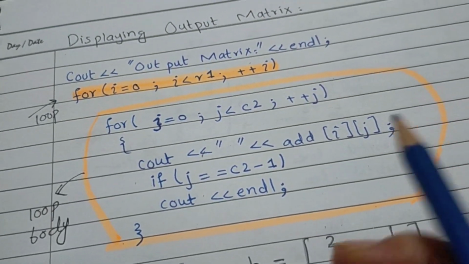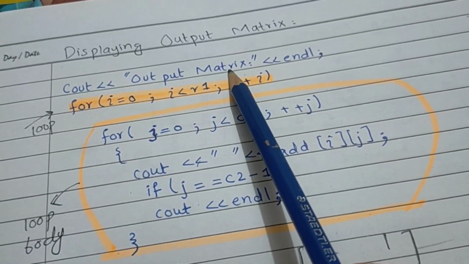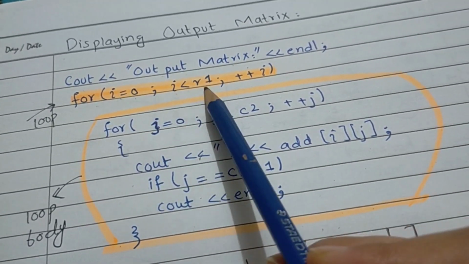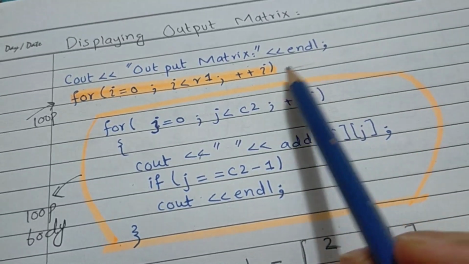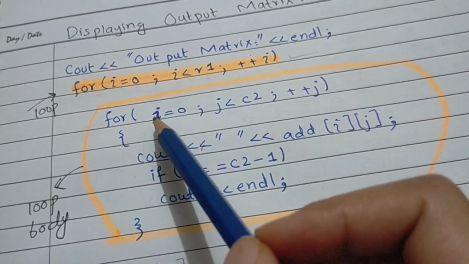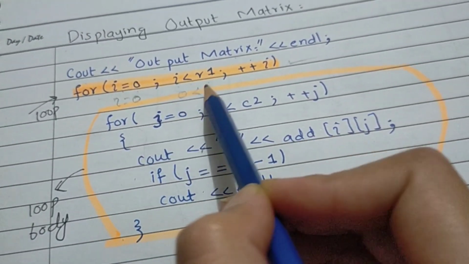So for this we write a set of statements like: output matrix. Okay, and for i equals 0, i is less than R1, and this is the loop and this is the body of the loop. So how it will work: now i is equal to 0, and 0 is less than R1.